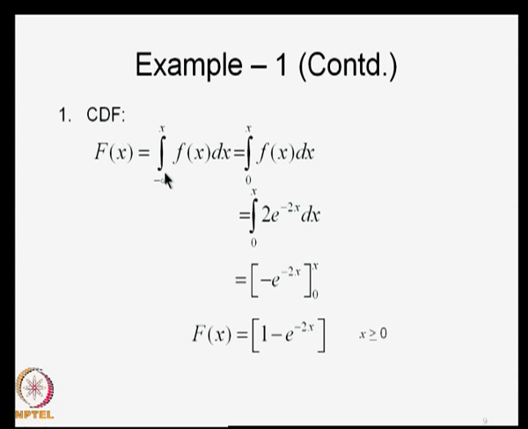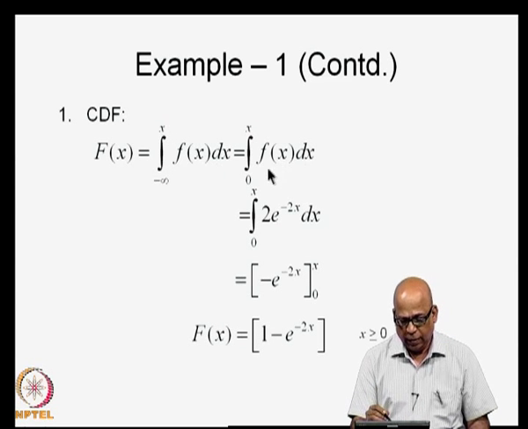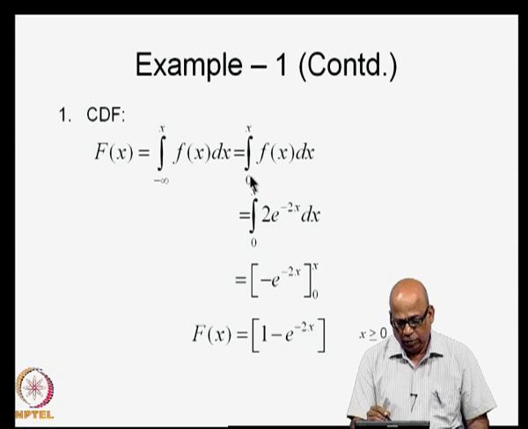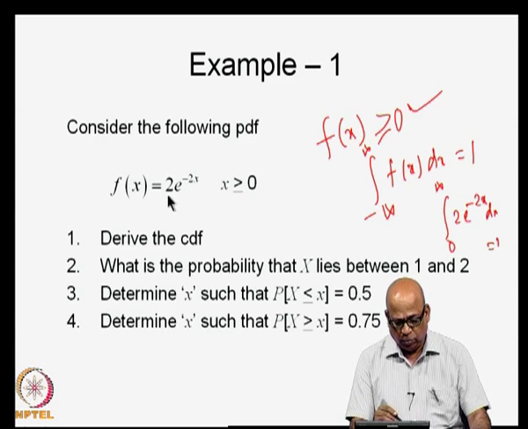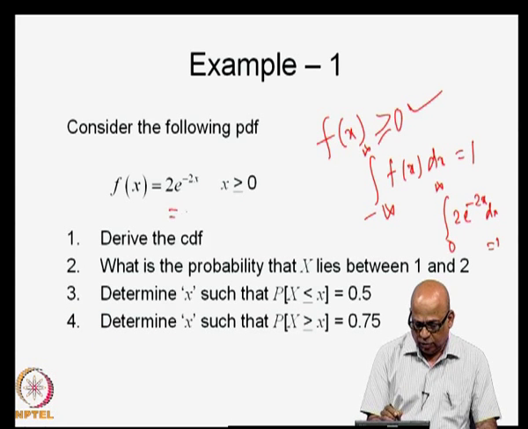So, CDF by definition, recall, capital F of x is equal to the integral from minus infinity to x of f of x dx, and in this case it will be 0 to x, because from minus infinity to 0 the f of x is 0. Remember, whenever we define it like this, it is equal to 0 elsewhere is understood always.